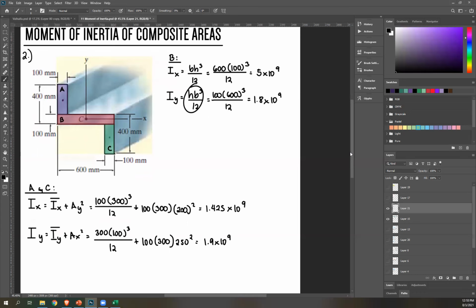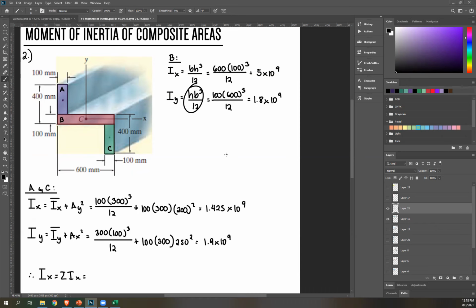Now, to get the total moment of inertia about the x-axis and the y-axis, you just get the algebraic sum. So total Ix is summation of your Ix.